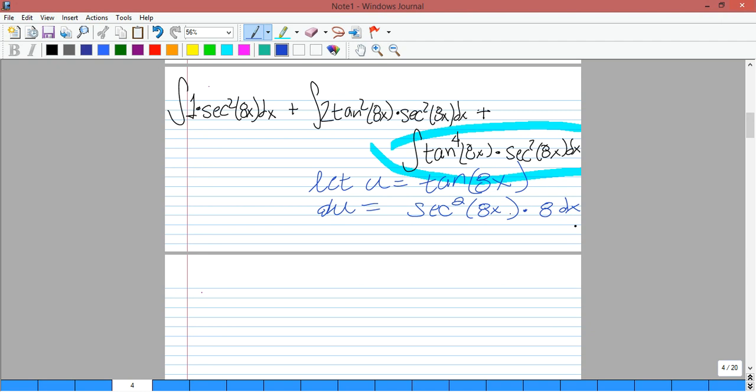And since it's a derivative, we just write dx right there. Okay, so there's no way that we can fully substitute when we rewrite in terms of u, because it won't be the same. It won't be equal to each other. It won't be a proper substitution. So what we're going to do is divide by 8 on both sides, so that we can have a secant squared 8x dx on our right side.